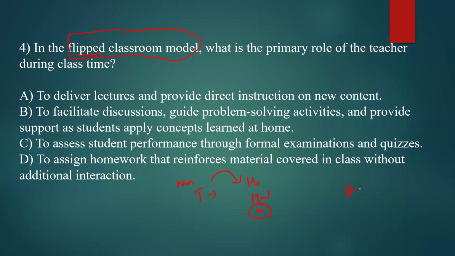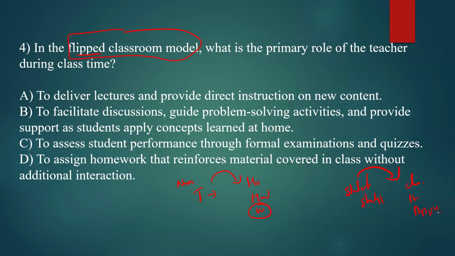Students are studying at home. Your teacher will give a PPT, a PDF or a textbook, and ask you to study the concept at home. The next day they come to the class, and according to what they have already studied, the teacher holds discussions, does work and application level questions.